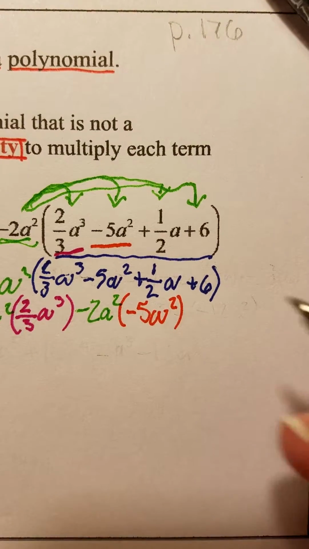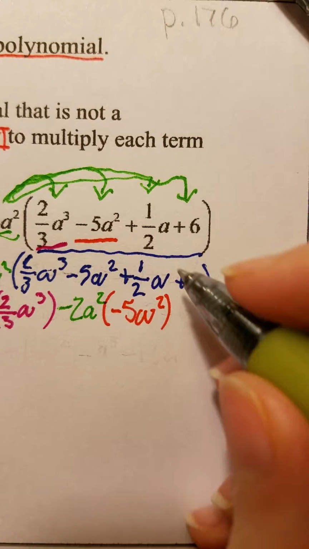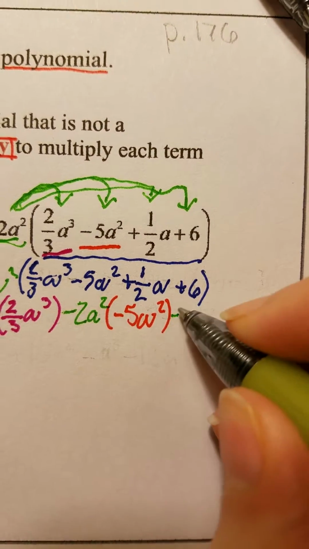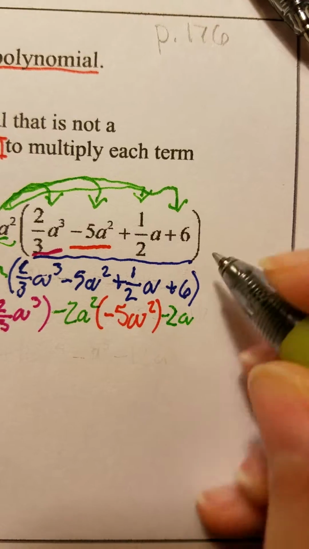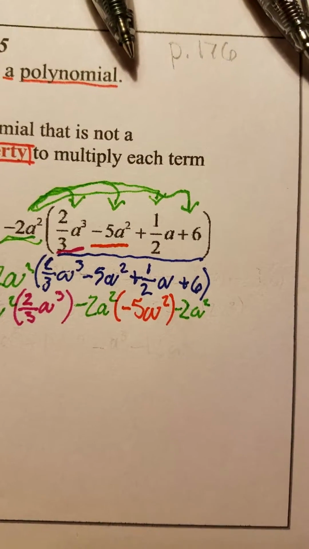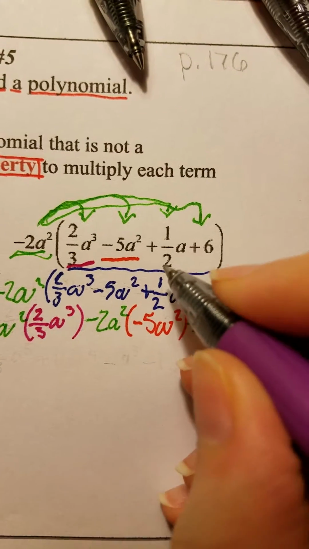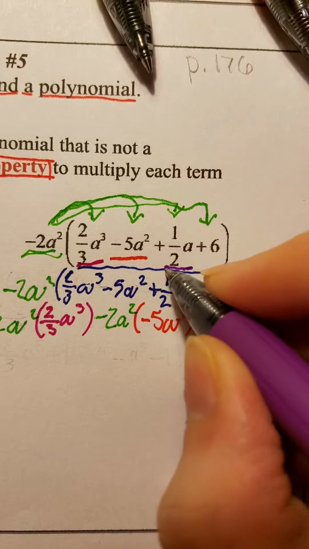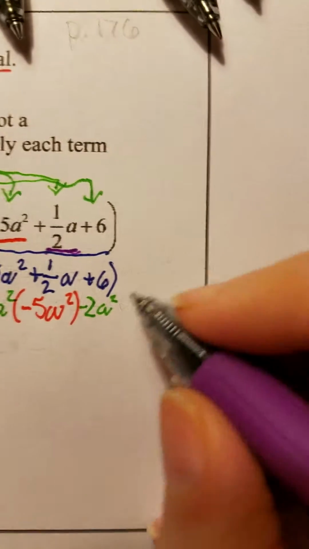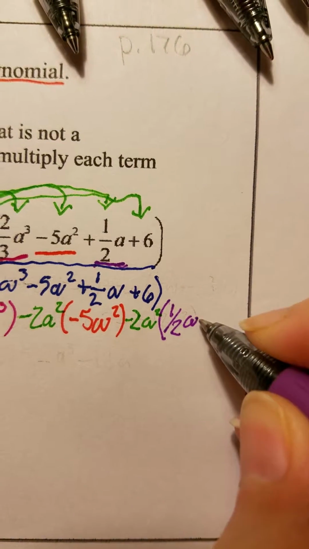Then you're going to take negative 2a squared again and multiply it by 1 over 2a.